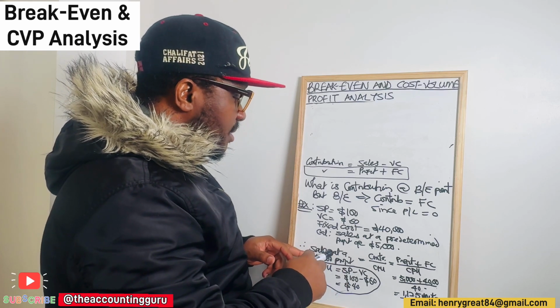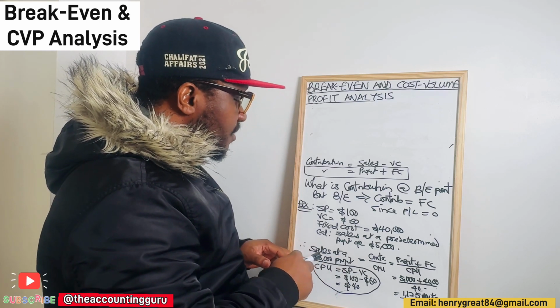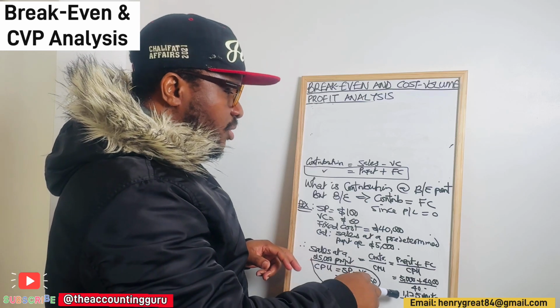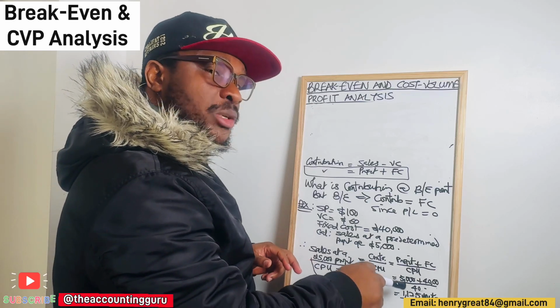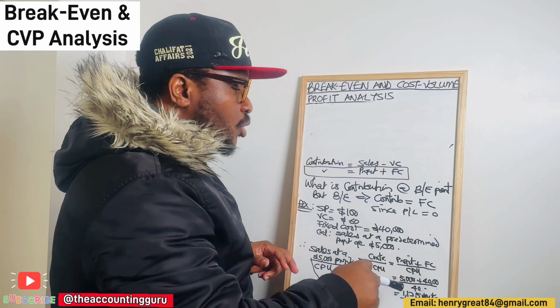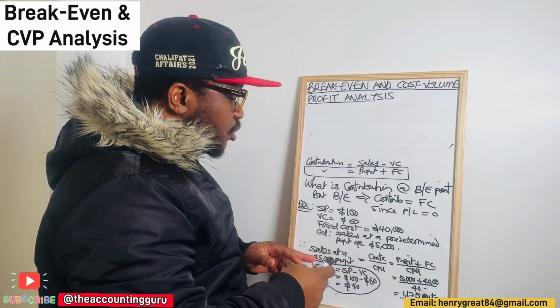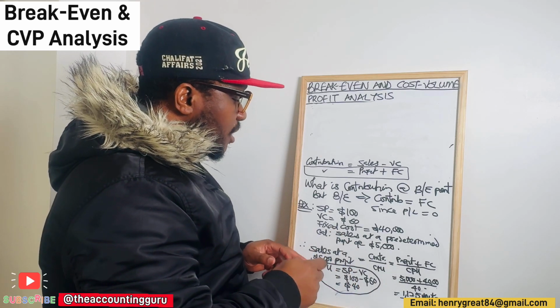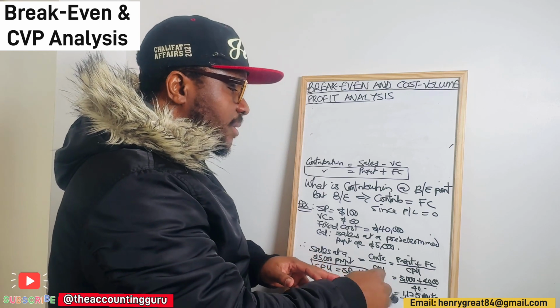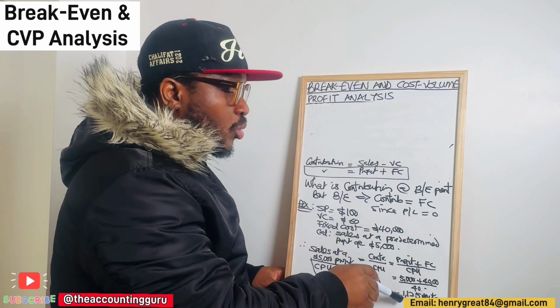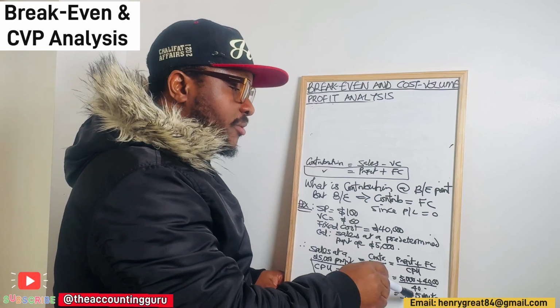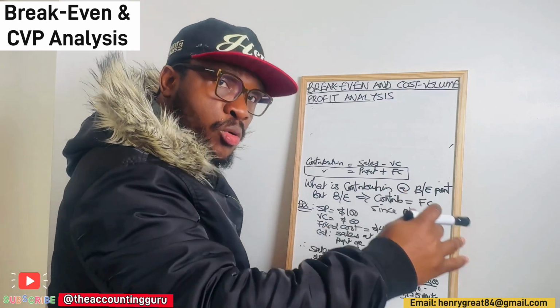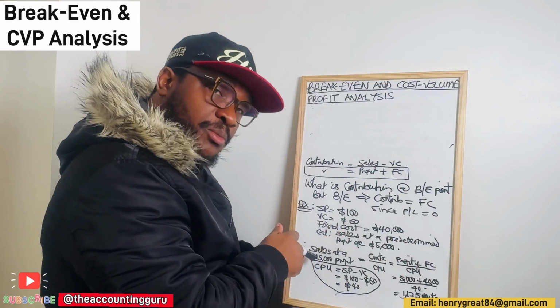This is sales at a predetermined profit of $5,000. It is giving us 1,125 units, right? So it means that for the business to make this profit of $5,000, it has to be selling 1,125 units or more to be making this profit.